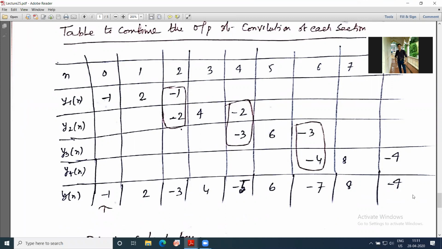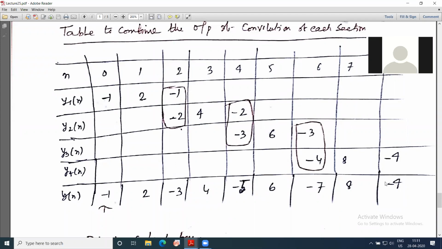So this will be the total output using this method. Wherever there is overlap, we add, and that's why this is called the overlap add method. What is the advantage of this computation technique? Suppose the entire data is not available initially.